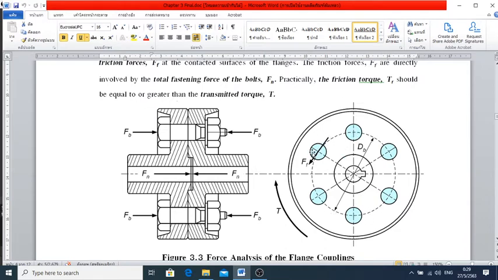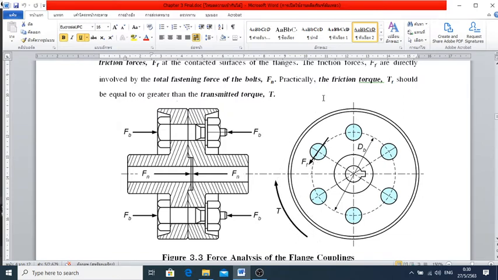And then on the right hand side, we have a pitch diameter there. We have 1, 2, 3, 4, 5, 6 bolts there. And then these two plates have been attached to each other. We're going to experience the friction force, the F sub F there. And then the F sub S there is going to be opposite to the direction of rotation.